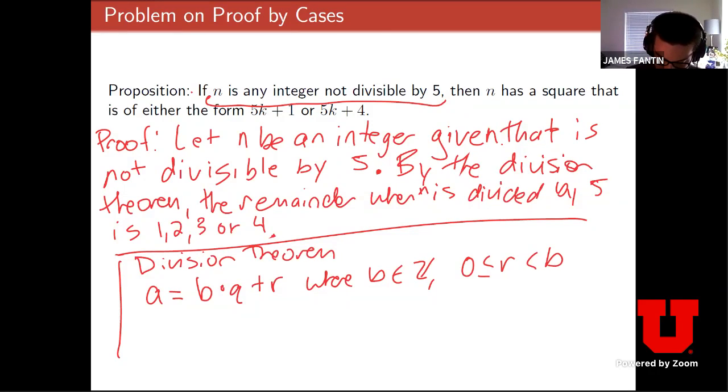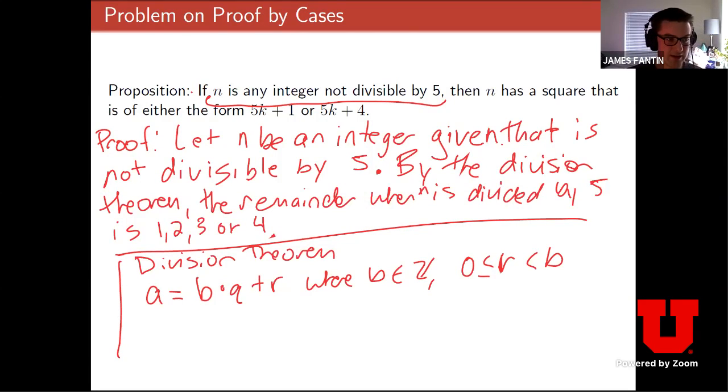What this says is that our remainder is bounded by whatever number we're dividing by. If a is divided by b, then we can rewrite a as this. And like Brandon suggested, if we had a remainder of 6, we could divide by 5 again and you'd end up with remainder 1.